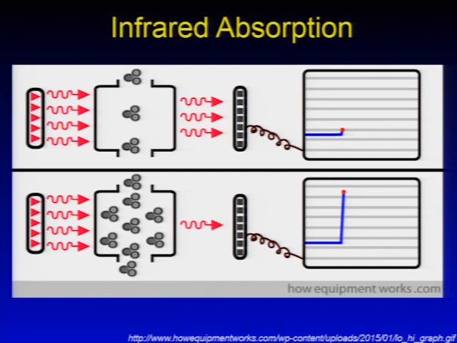You can check the amount of molecules using infrared absorption. For example, if you use infrared absorption to detect the number of molecules of carbon dioxide, as the number increases, the absorption of the infrared increases, and that will be reflected in the amount of molecules of carbon dioxide.